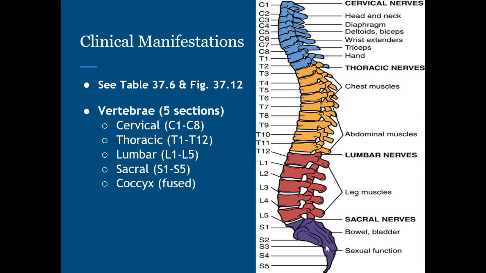So pretty much everything in your cervical region is going to be quadriplegia. And then anything below that is going to be paraplegia or less, especially if it's a sacral injury. So T1 to T5, paraplegia with trunk and leg involvement and normal arm and hand movement. So those you'll definitely see upper body is okay, lower body completely flaccid.